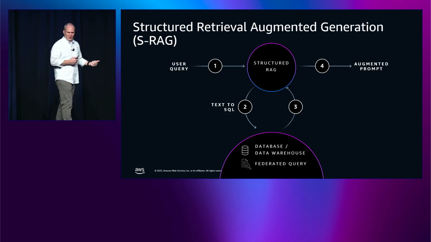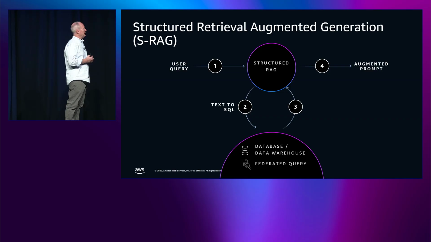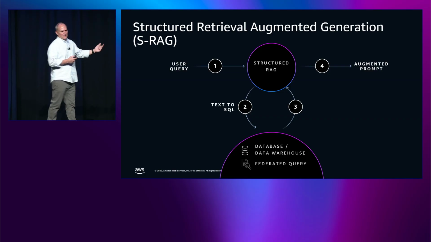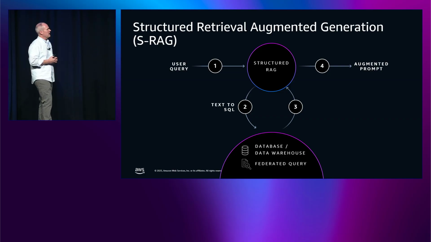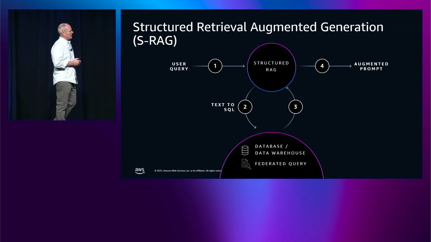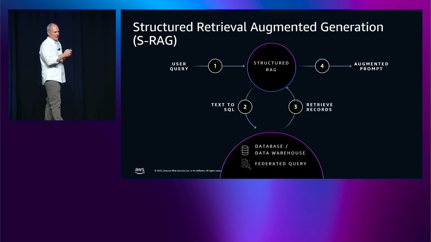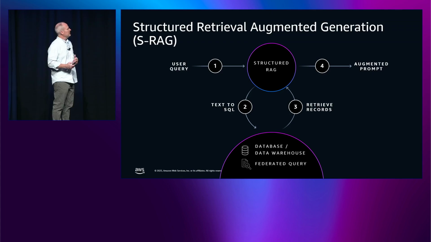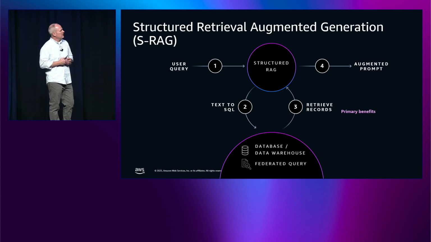It could be a federated query engine, right, that we're querying. And today, Bedrock is an example with our knowledge bases. We support structured RAG with Redshift. So think of that as a particular service that you could think of implementing. In this scenario, we're executing that query, coming back with retrieved records, and then creating that augmented prompt from that.